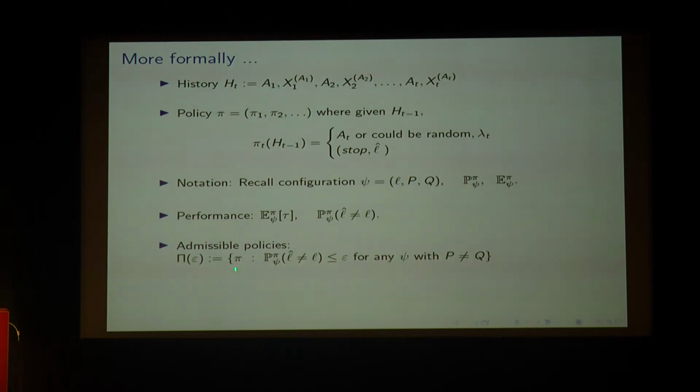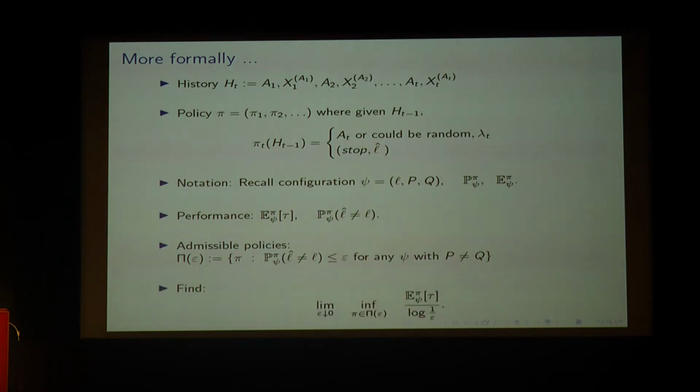Pi_epsilon is the set of all policies pi, such that the probability of error given a particular ground state, psi, is less than or equal to epsilon. But it's not just for one psi. Your policy pi must be such that no matter what is the ground state, no matter what the problem instance is, your probability of error on this particular problem is less than or equal to epsilon. Okay. So that's the set of all good policies or admissible policies with a parameter epsilon.